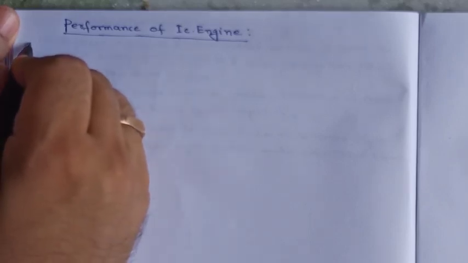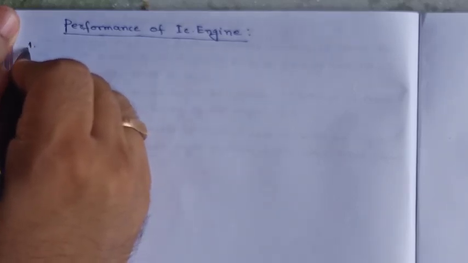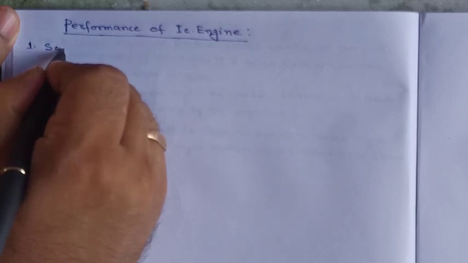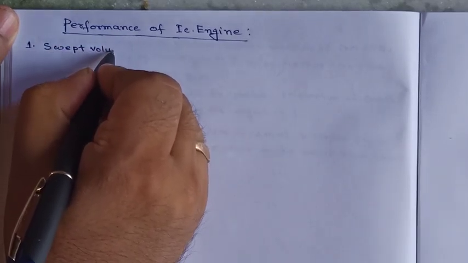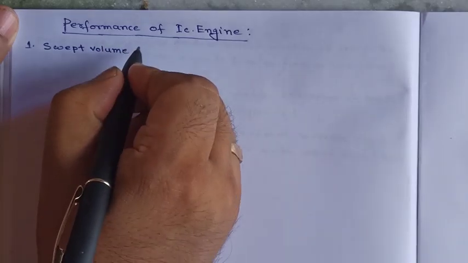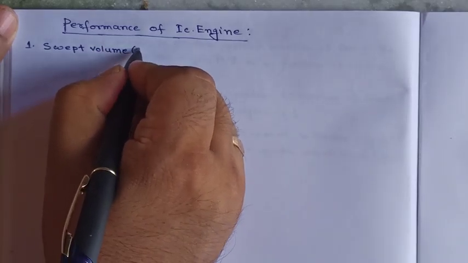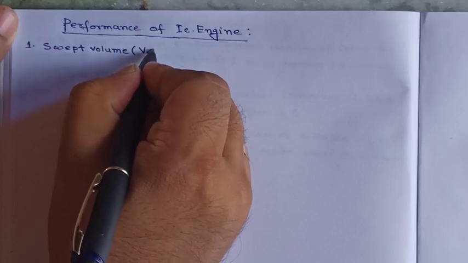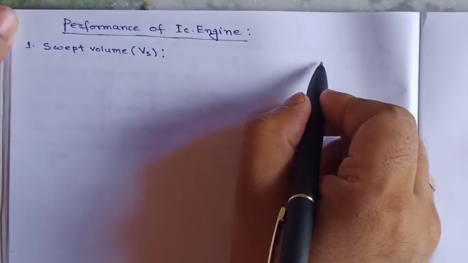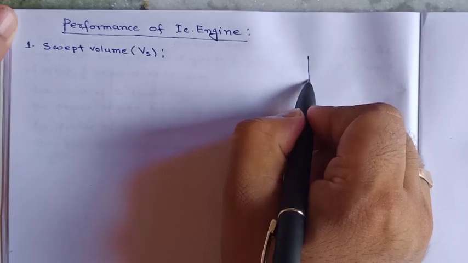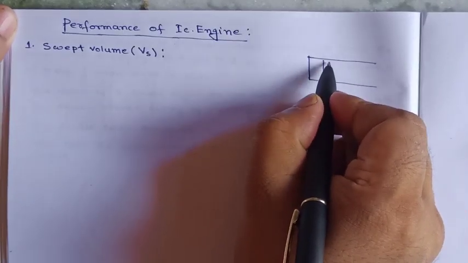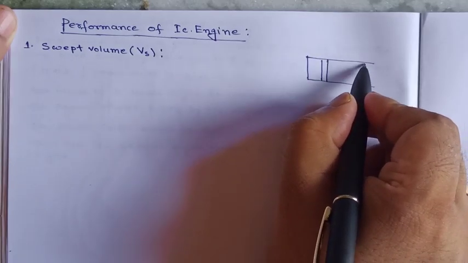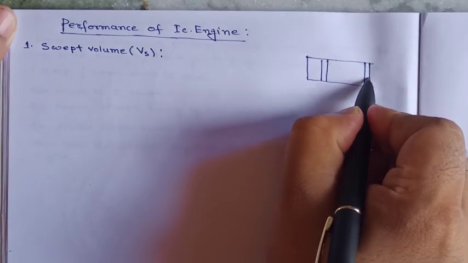First, we have to know what is swept volume. 1. Swept volume, which is denoted by V suffix S. Now consider this is a cylinder and this is the piston which can move up to that.